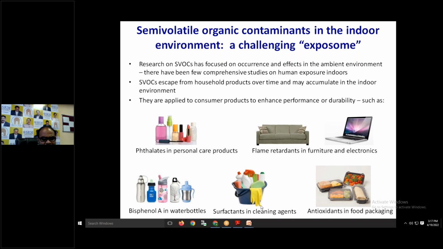Surfactants in cleaning agents, some of the cleaning agents we are using surfactants, and some of the antioxidants used in food packaging, but they are acting as exposomics. Okay, so these are for usefulness, means sometimes we are using these things to increase the durability, means it will preserve for a longer time, as well as it may protect from other harmful hazards, right?